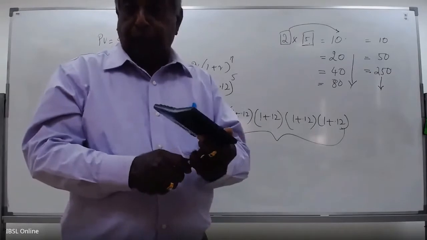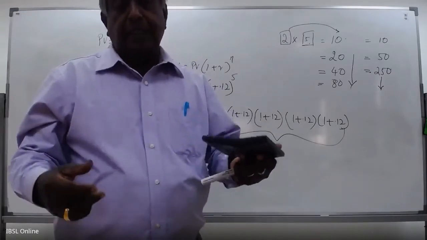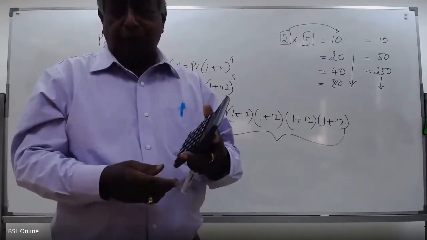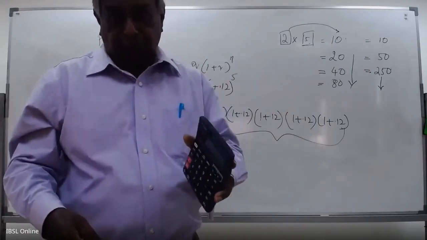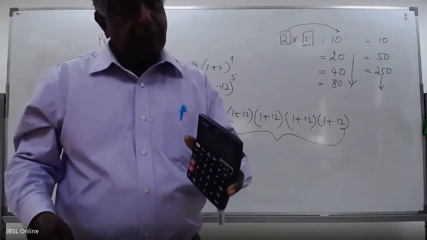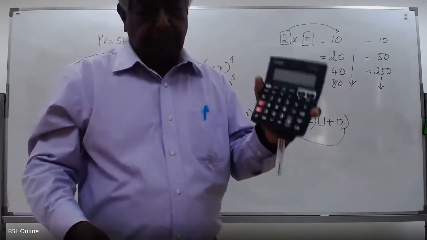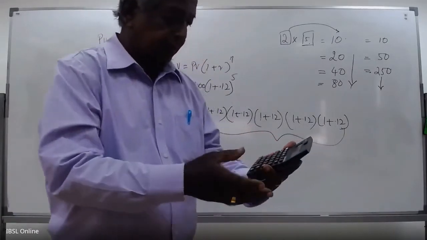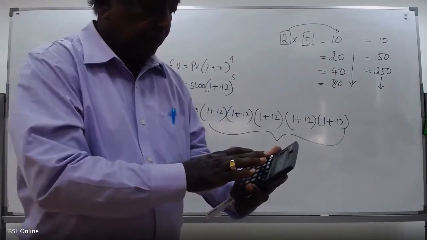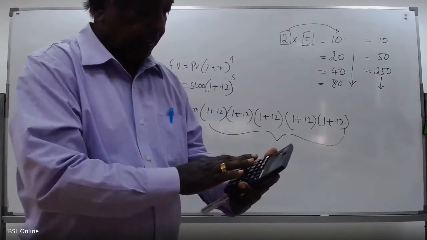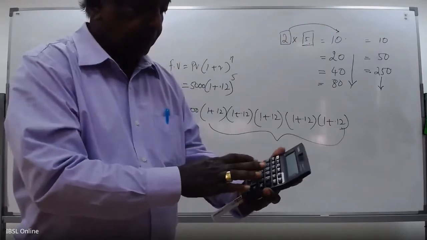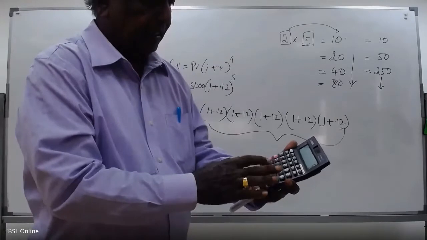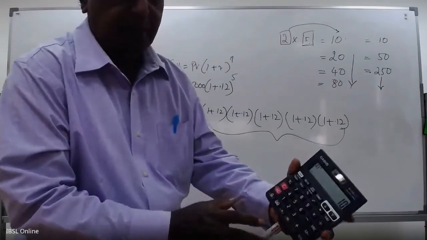Right. Now, if you have a scientific calculator, you can use it, no problem, fine. But if you have only this simple calculator, you can also do it. That's what I am telling you. In this calculator, what I am using: I put 2 into 5, equal sign, I get 10.